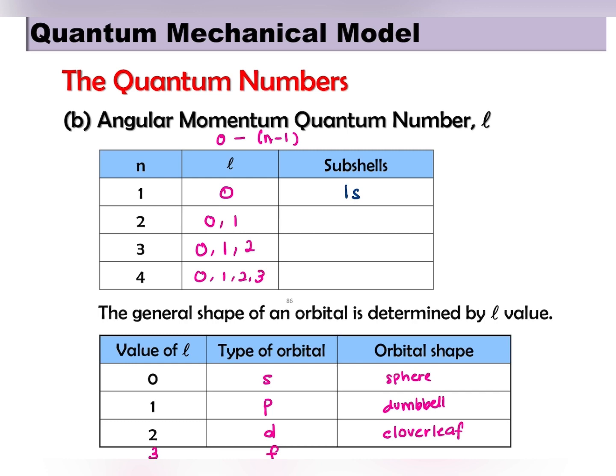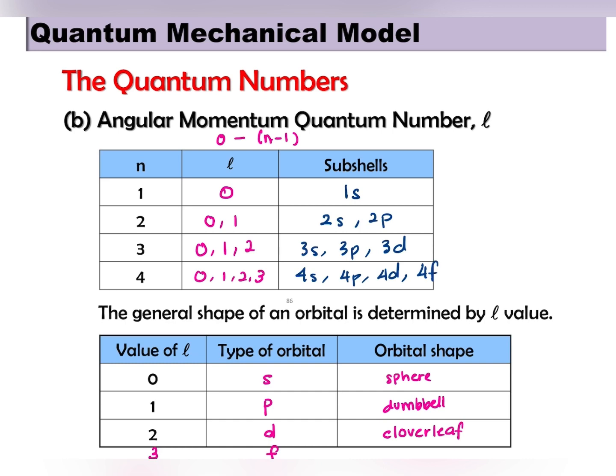So for n equals 2, you can have 2s and also 2p subshell. Right, so if n equals 3, you can have 3s, 3p, and 3d. So if n equals 4, you can have 4s, 4p, and 4d, 4f as well.